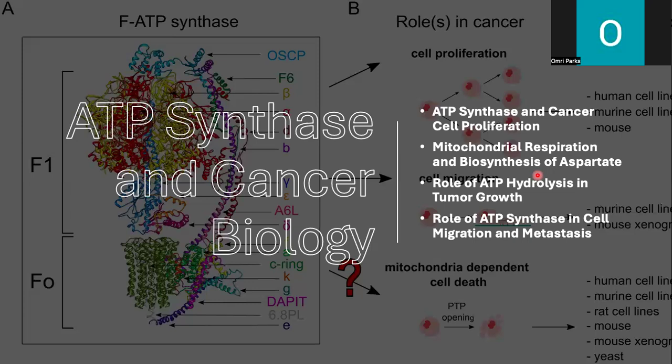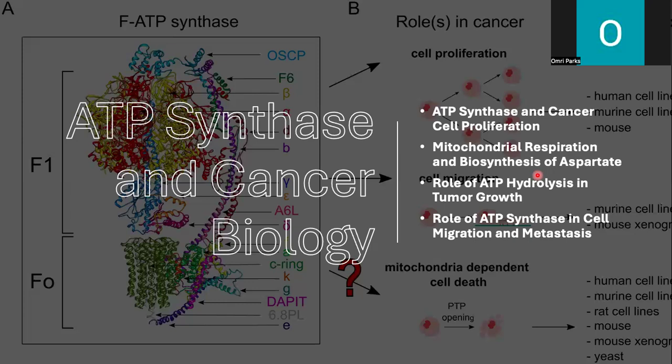So our next point is mitochondrial respiration and biosynthesis of aspartate. The ETC plays a role in cell proliferation by enabling biosynthesis of aspartate, which, as we know, is a very important amino acid for cell growth.